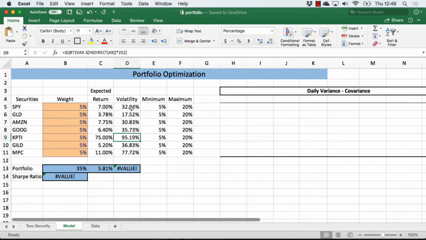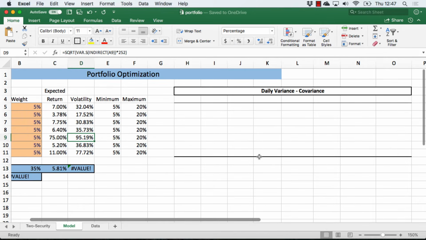For this model, not only would we have to square weights and standard deviations for 7 securities, we would also have to add a covariance term for each one of the 21 different covariances in this portfolio. So you can just imagine how long that formula would be and how difficult it would be to actually write without errors.